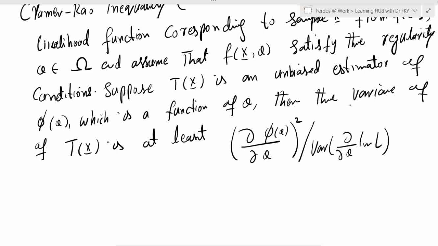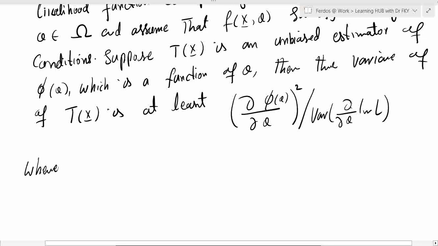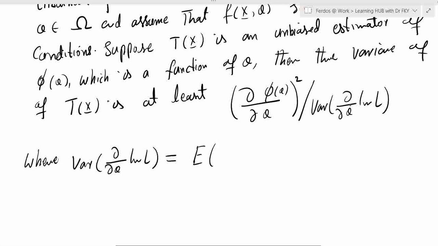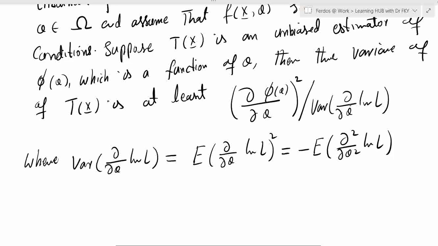In the next lecture we will try to solve some examples. Now, there is some explanation where the variance of this quantity is also equal to the expected value of its square. This is also equal to minus the expected value of the second derivative, this is from lemma 2.